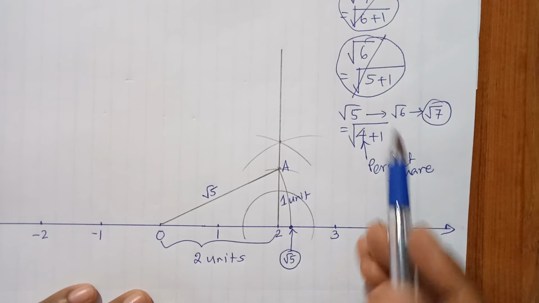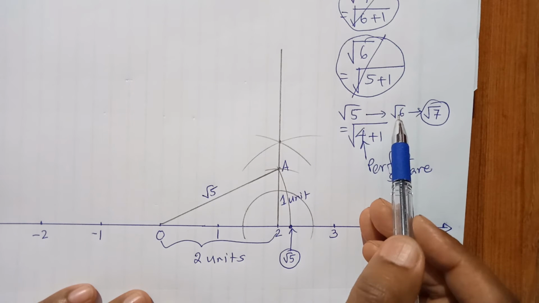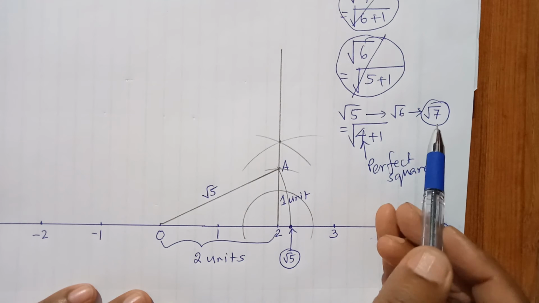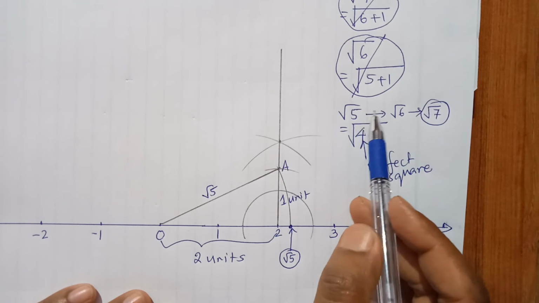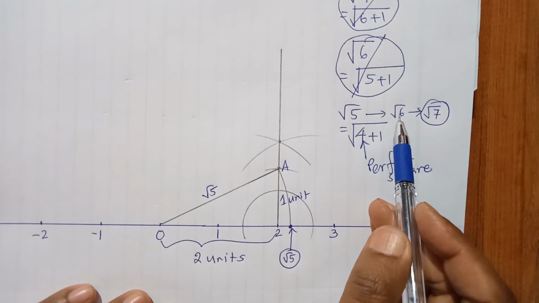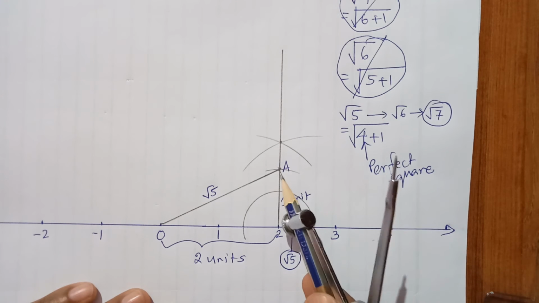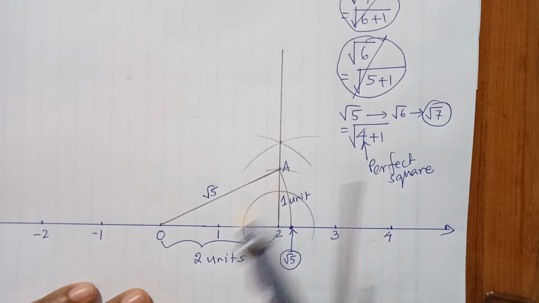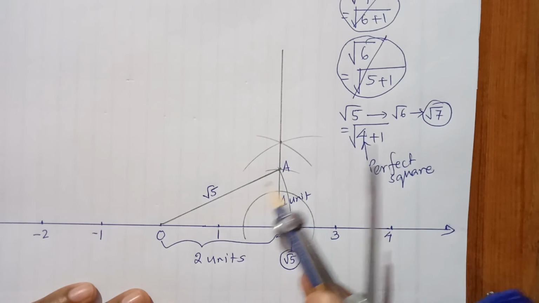So after root 5 you have to get root 6. After root 6 then you have to get root 7. The root 5 we have got. Next we should get root 6. Now how to get root 6? Your next step is that at this point A, this is a right triangle and this is the hypotenuse.